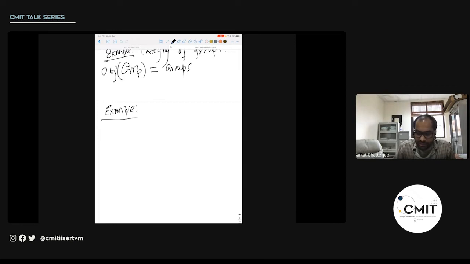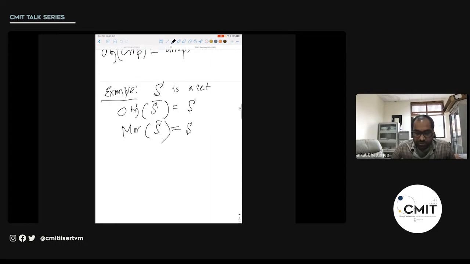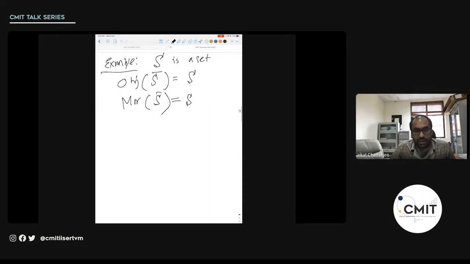Suppose S is a set. You can define a category, which is sometimes called a discrete category over this set S. Let us write this category as S bar. The objects of S bar are simply S, and the morphisms of this category are also again S. So this trivially gives you a category.